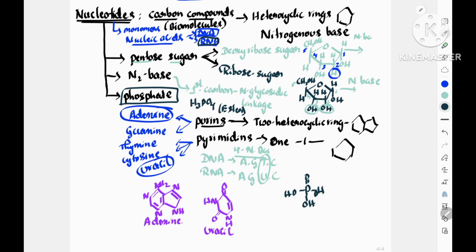Now let us understand how nucleotides are exactly formed. Nucleotides are formed when there is an attachment of a nitrogenous base and a phosphate group to the pentose sugar.